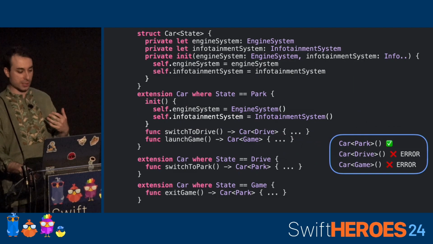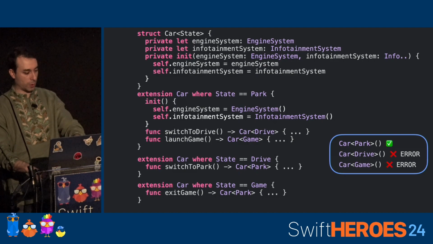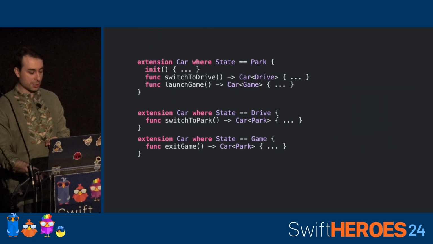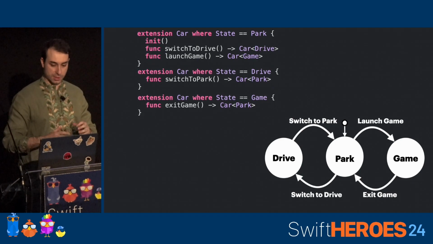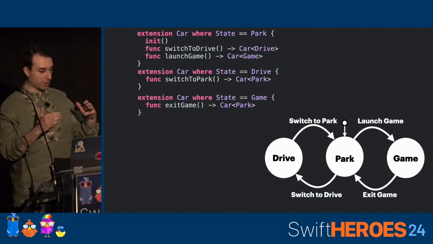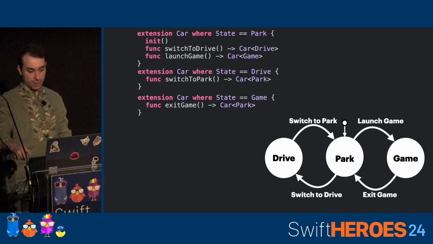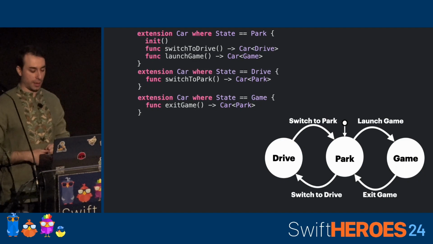This is our initial state. And every other state, we move to by transitioning using one of the functions. So yeah, this is our final API. And again, looking at our state diagram, you can see that these five functions correspond to our diagram. We start at park, we can transition to game, back to park, transition to drive, back to park.